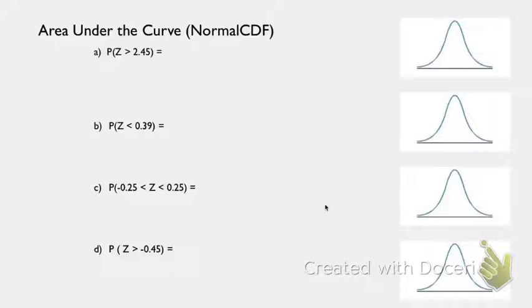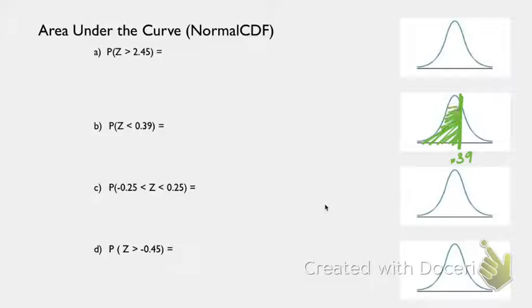So it says the probability that Z is less than 0.39. So I'm going to say 0.39 is somewhere, actually it's going to be on the right side because it's positive, but it's going to be close to the middle. And do I want to shade to the left or to the right of that? The left.